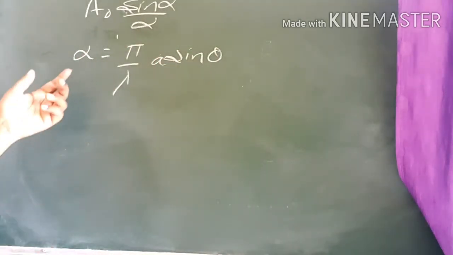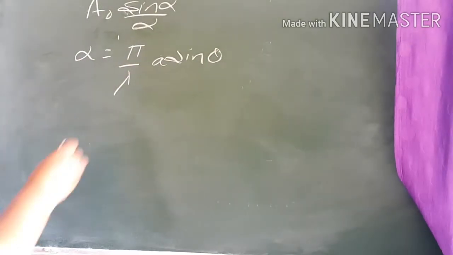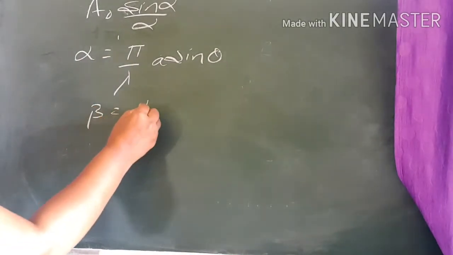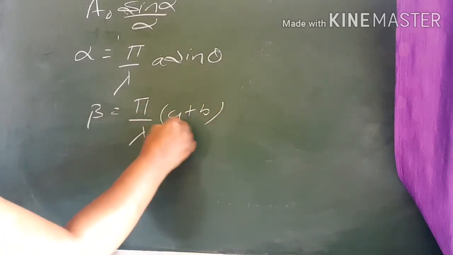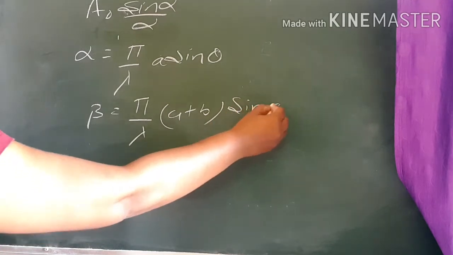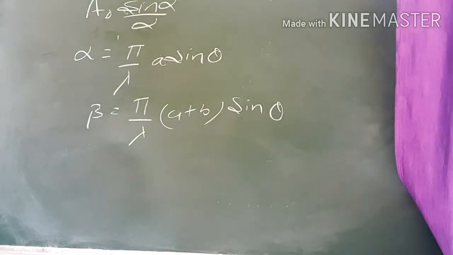Alpha is the phase difference due to a single slit, and beta is equal to pi by lambda (A plus B) sin theta. This is beta.